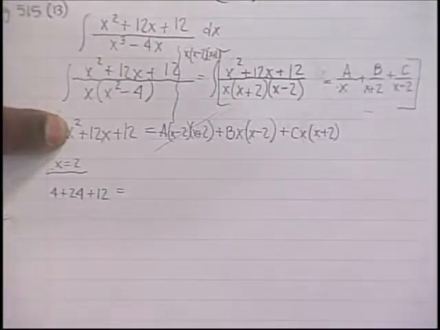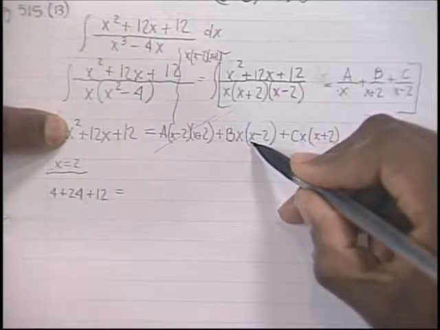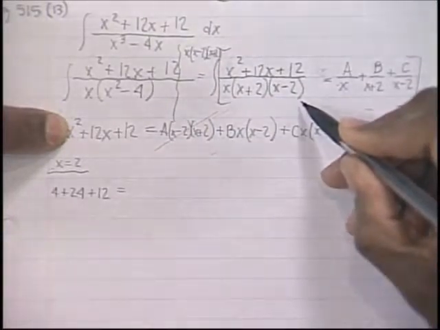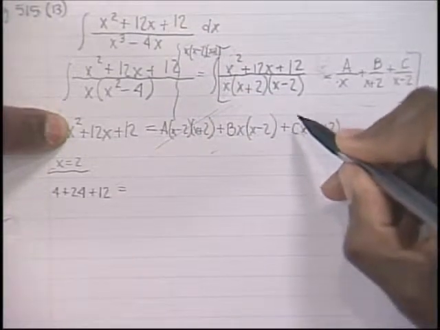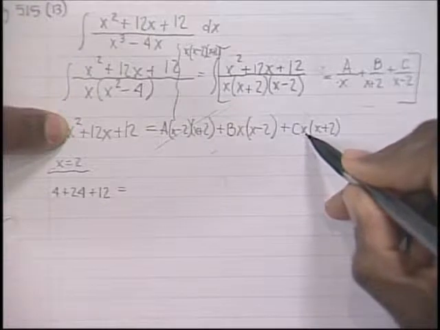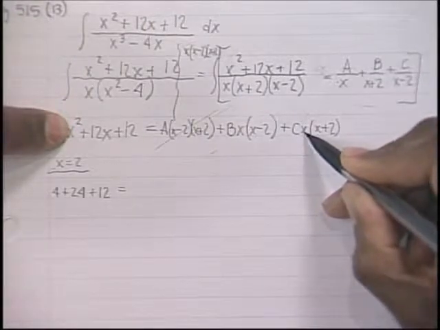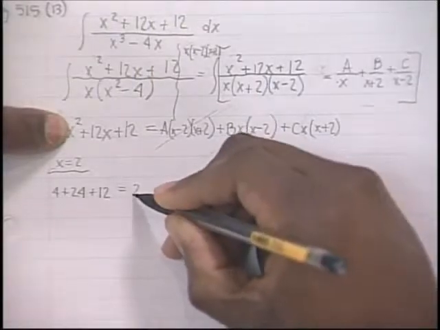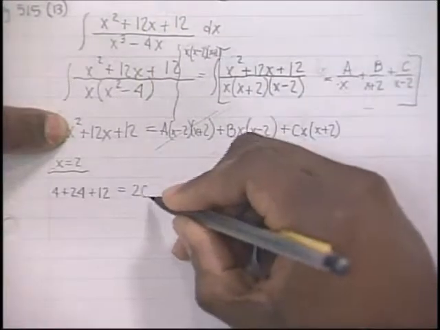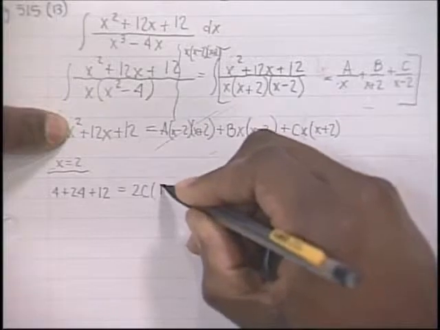That's why we chose 2. You'd end up with 2C times 4.